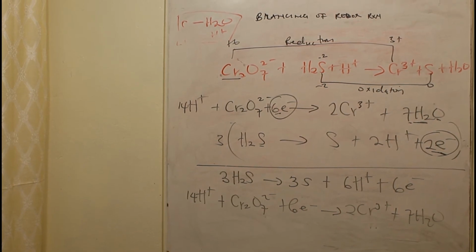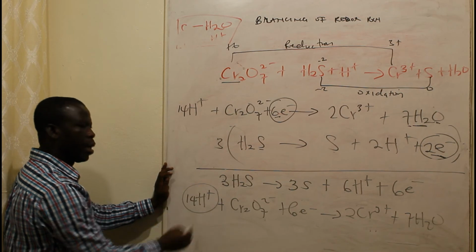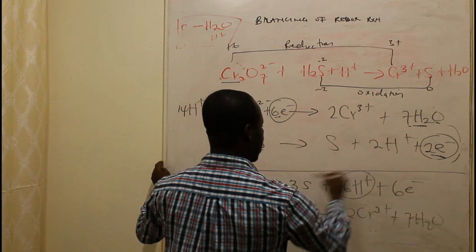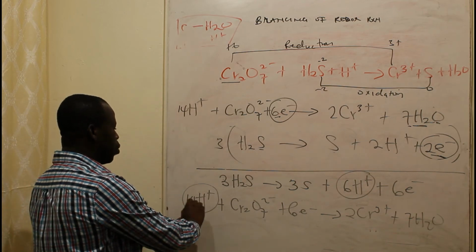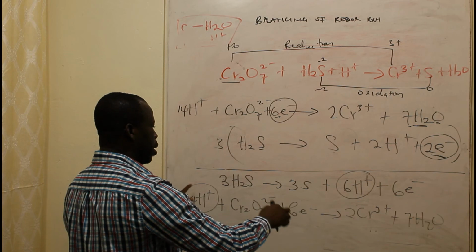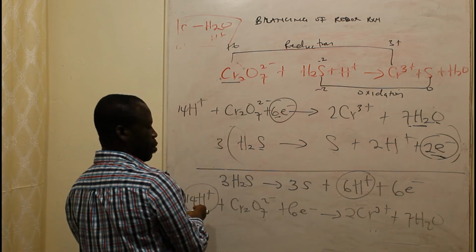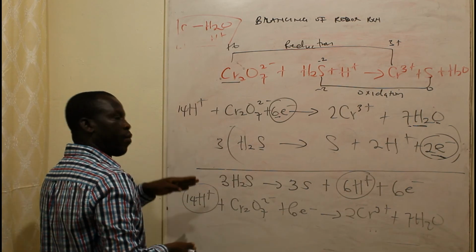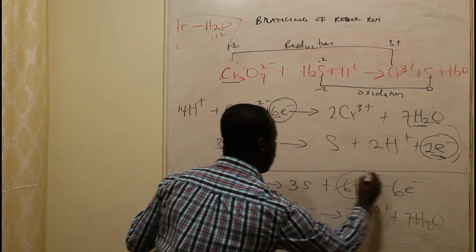Now let's look at this again. We have 14H plus and we have 6H plus. What I have to do is deduct from this, because this one is a product and this one is a reactant, so we have to subtract. If they were on the same side, then we would have added the 2. So here we subtract, and this one will be 8H plus.